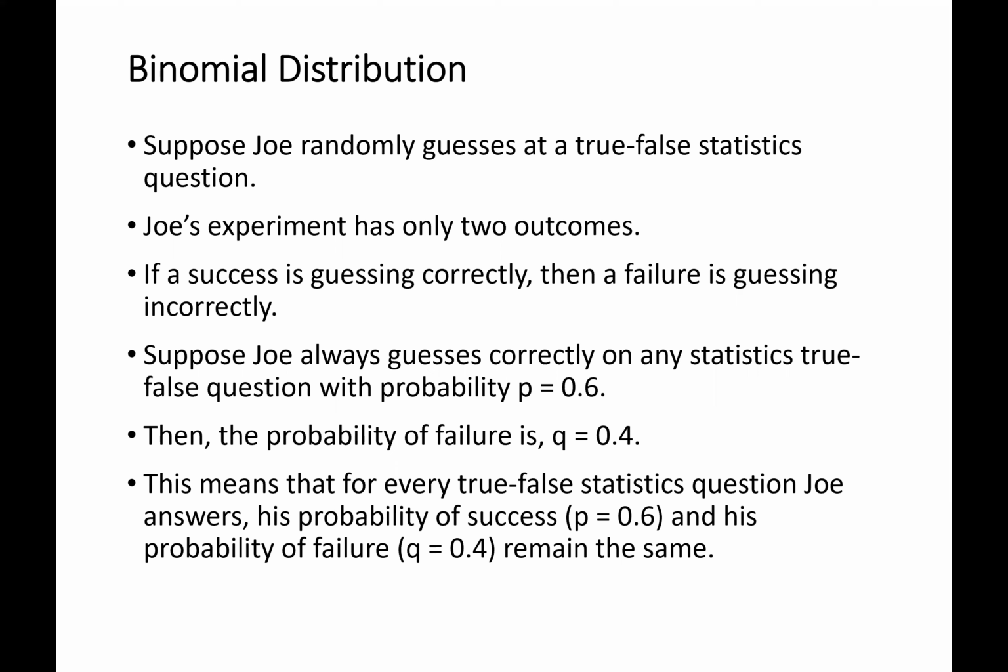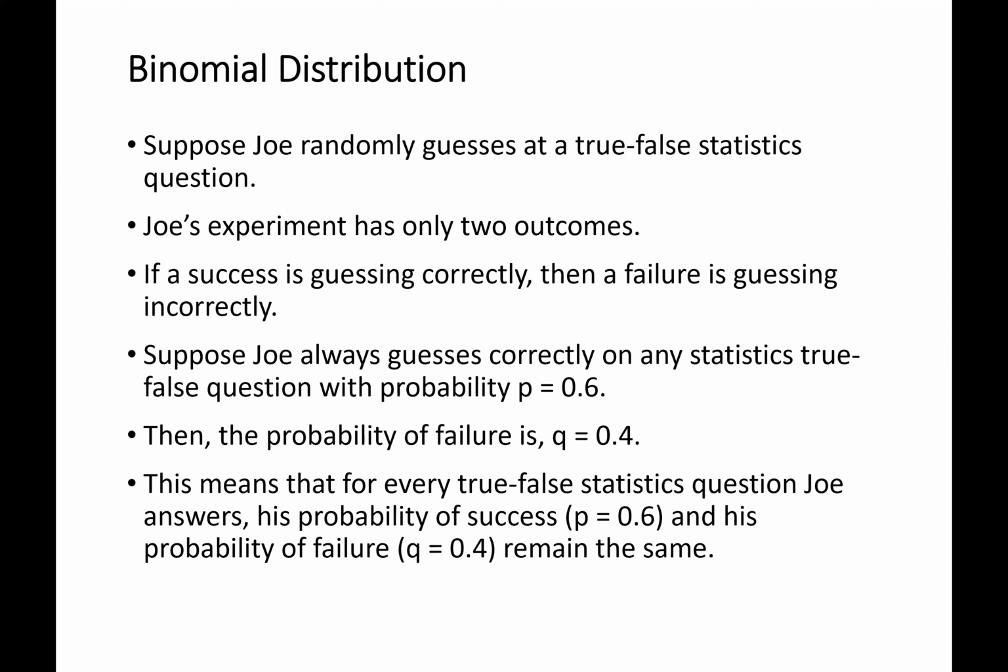If a success is guessing correctly and a failure is guessing incorrectly, then suppose Joe in the past has guessed on the true and false questions, and he's seen that historically he gets about 60% of these correct. So Joe always guesses correctly on any statistics true false question with a probability of 0.6.